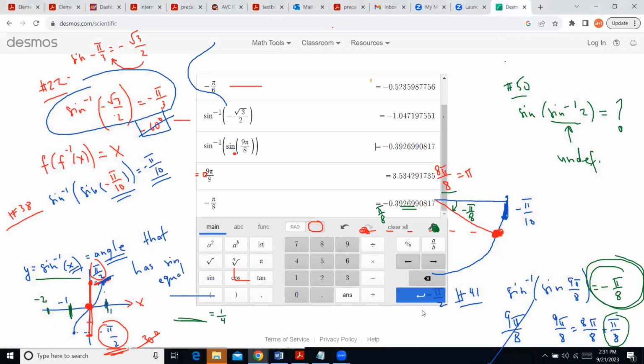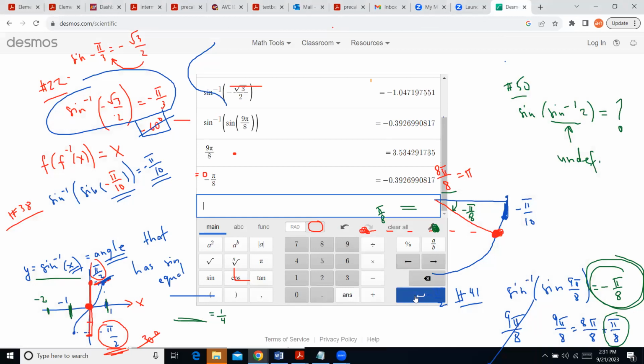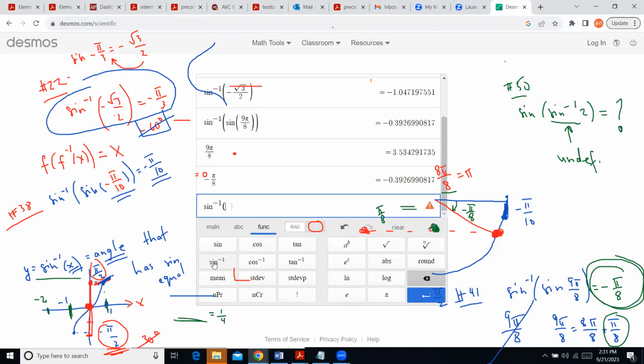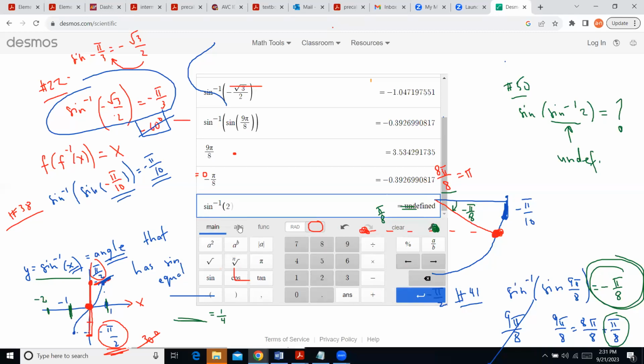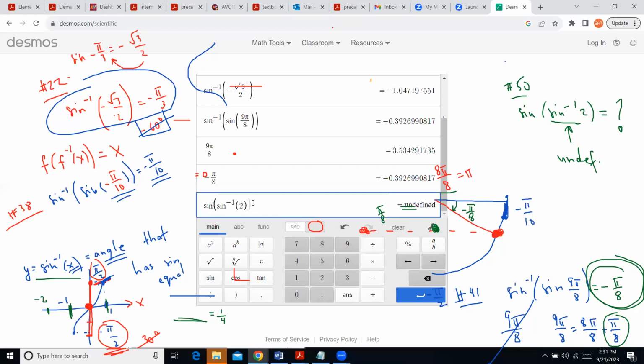So I'm referring you to technology because I know that if you don't use a calculator, some people might get into panic mode, but the arcsine of 2 is undefined, and that's the key idea. In fact, if you decided to put the function sine applied to this, it's still going to be undefined.